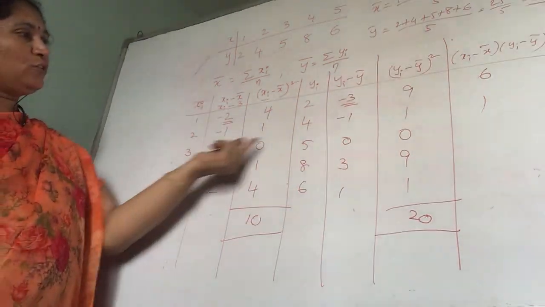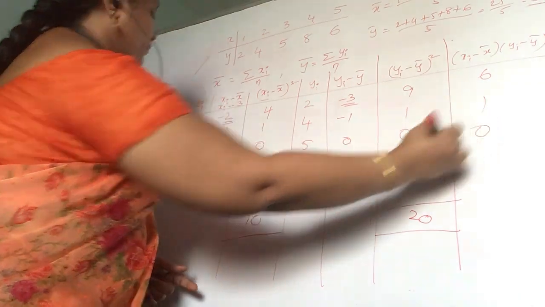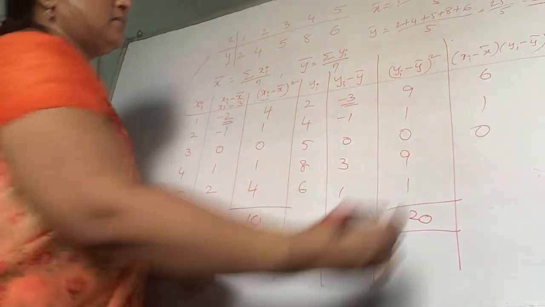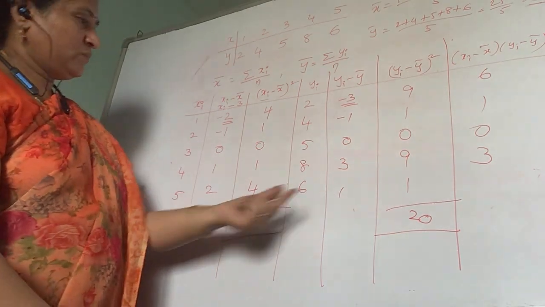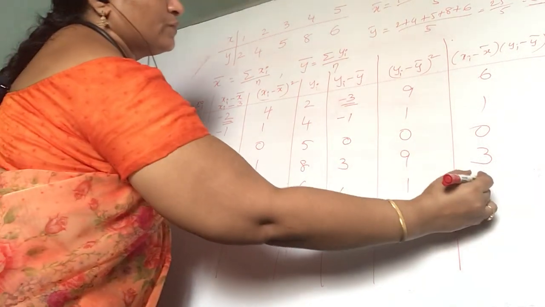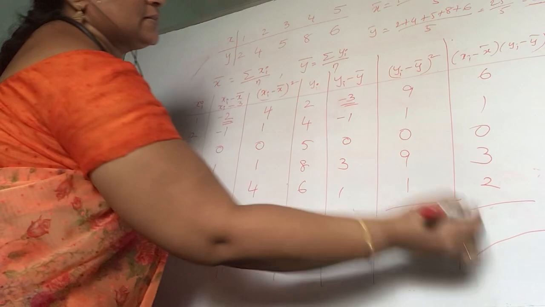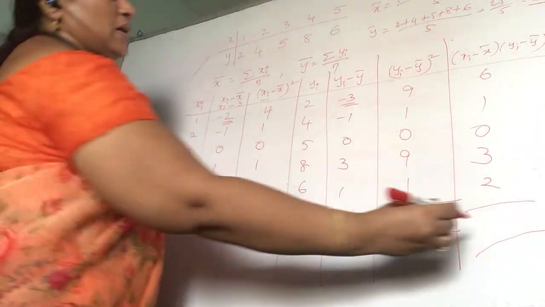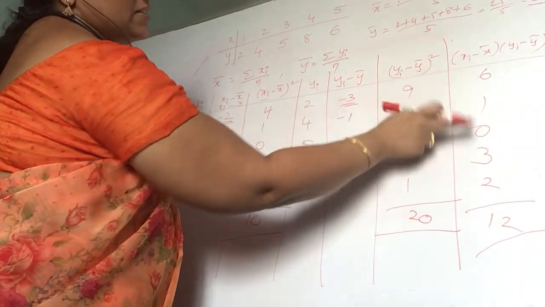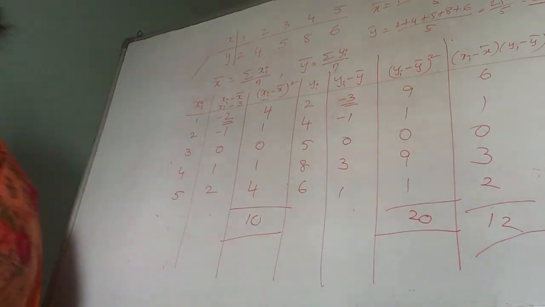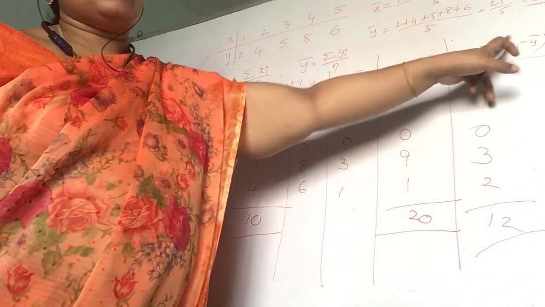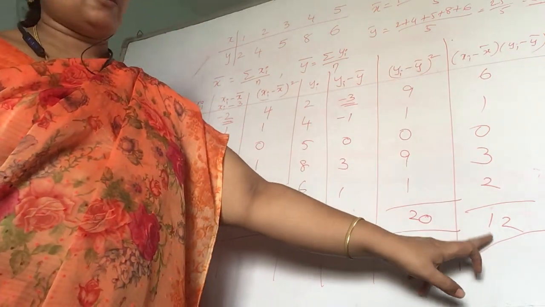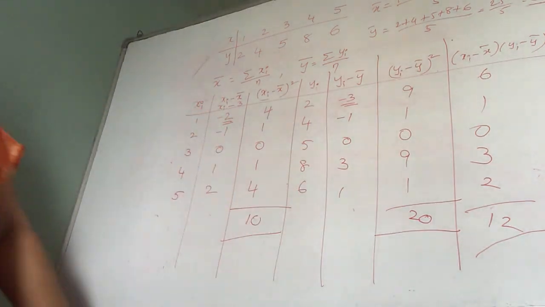Next, 0 into 0, 0. 1 into 3, 3. 2 into 1, 2. Now, add all these values: 6 plus 1, 7. 7 plus 3, 10. 10 plus 2, 12. Okay, this is summation of xi minus x bar into yi minus y bar. Summation value is 12.